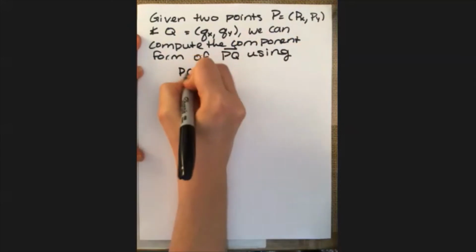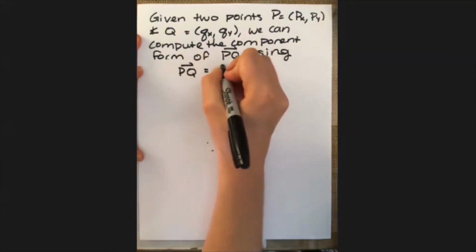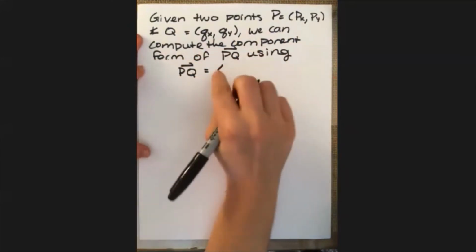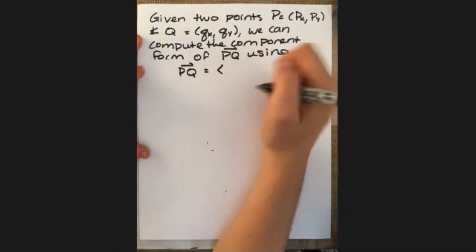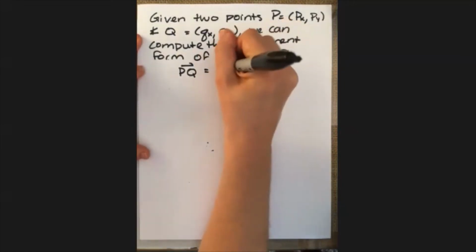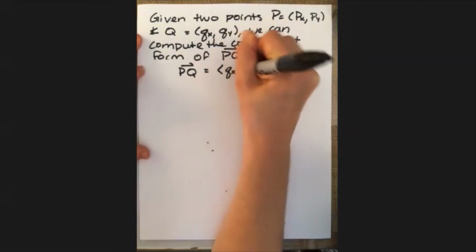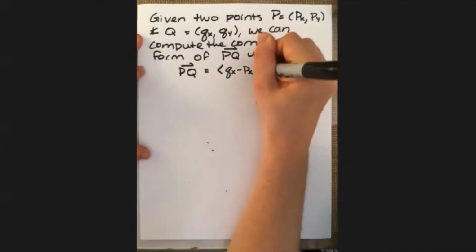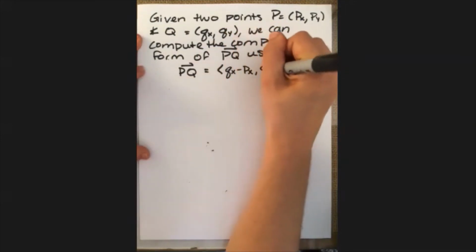We're going to say that the vector PQ is equal to, and then we're going to use angled braces so that we denote that we're getting ready to use a component form. And all we do is find the difference between their coordinates, starting with our second point.